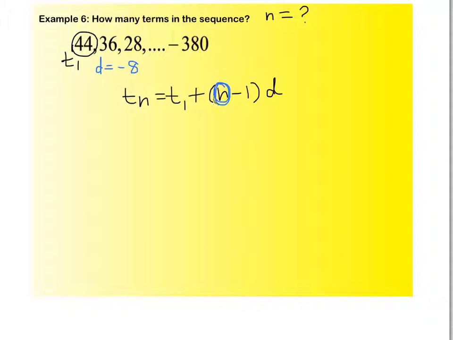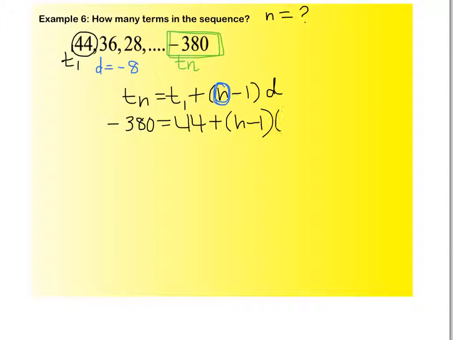So the only other thing I would need to know is Tn, which is why we're given it. We're given the very last term here. That is Tn. So basically we have something to plug in for everything except for n, and we can solve. So Tn is negative 380, T1 is 44, plus (n minus 1) times our common difference of negative 8. And that's it. We can now solve for our n.